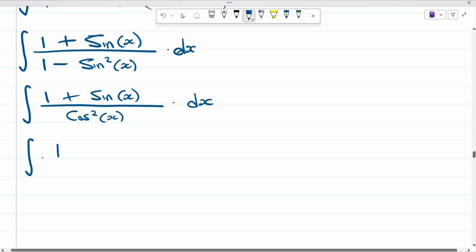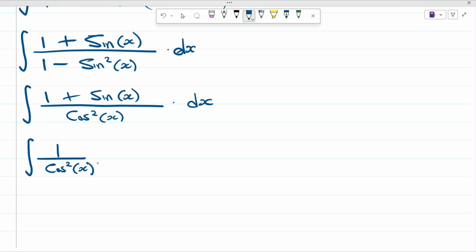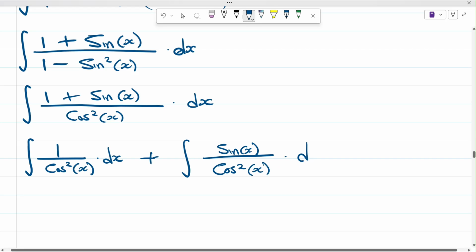So we'll end up having the integral of 1 over cos squared of x dx plus the integral of sine x divided by cos squared of x dx. Makes sense, right?